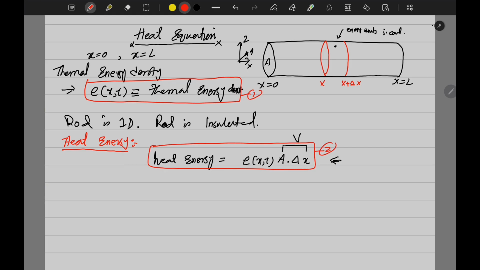Now we will talk about conservation of energy, that is, how energy is conserved in our system.